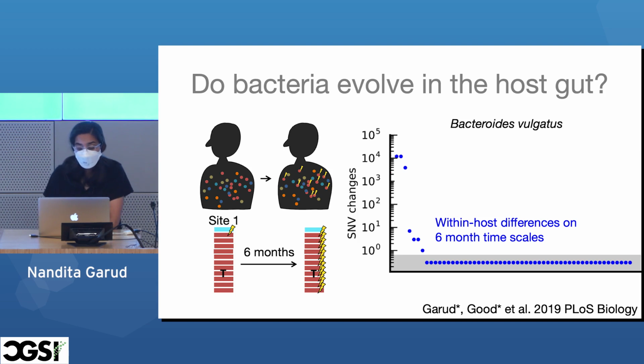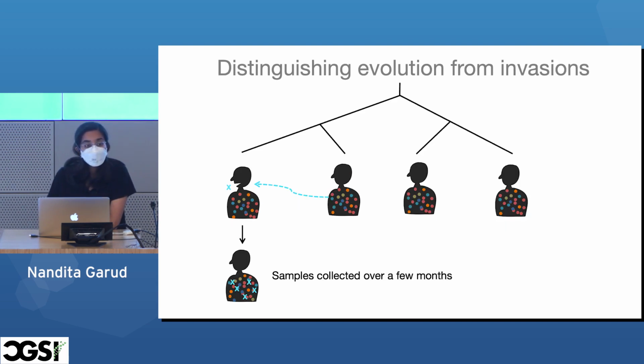So let me elaborate. So here is a phylogenetic tree describing all the, let's say, individuals in this room and the relationship of Bacteroides vulgaris in our guts. And you'll see that there's actually a very long divergence time separating our strains of Bacteroides vulgaris. And that long divergence time is so long that you'll see a lot of mutations accumulate, separating our strains.